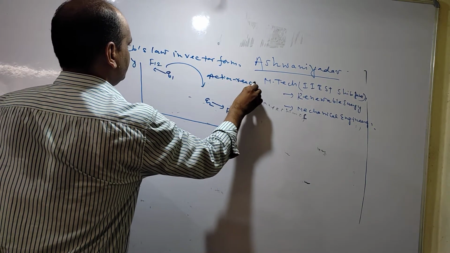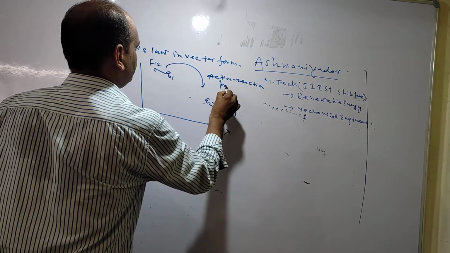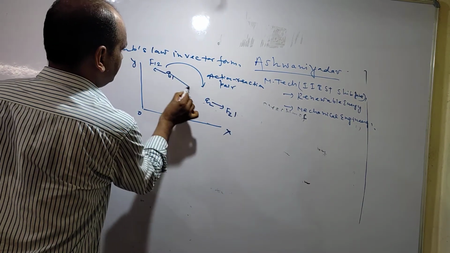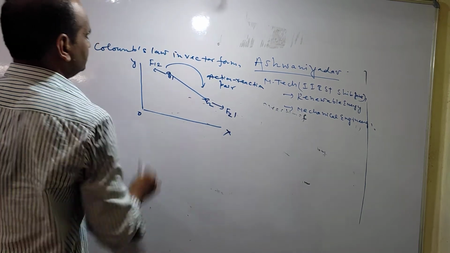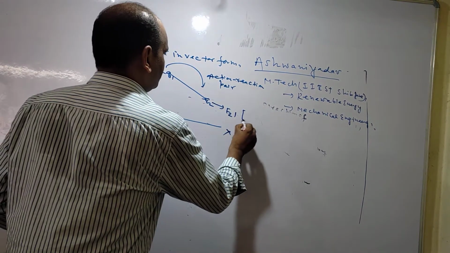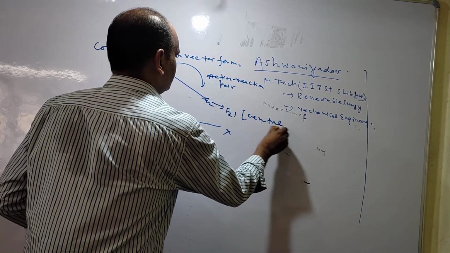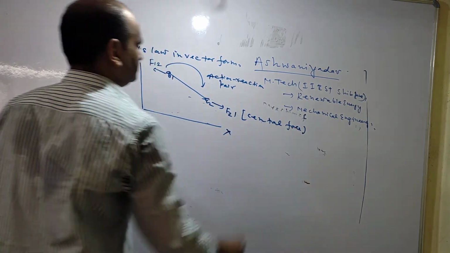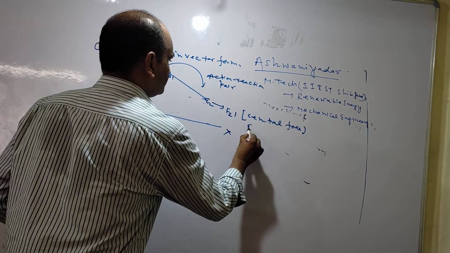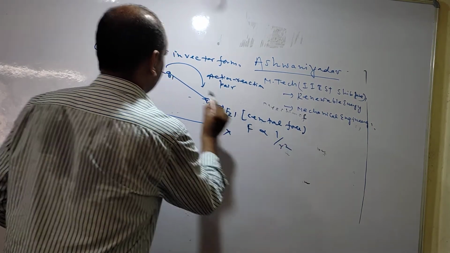It is just along the line joining these points, so it is called a central force. The central force diminishes by a factor of 1 by r square.